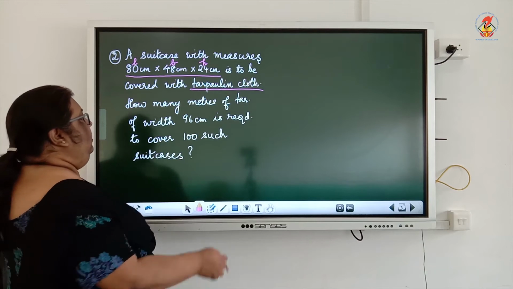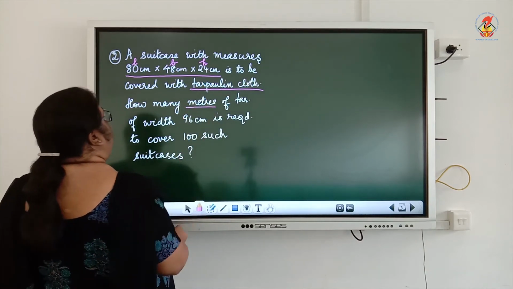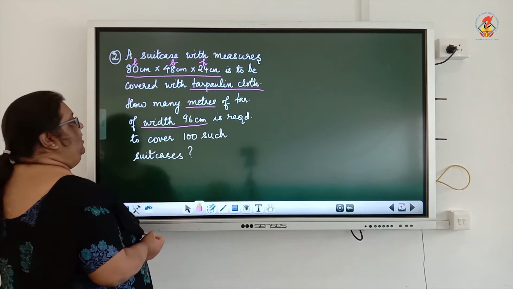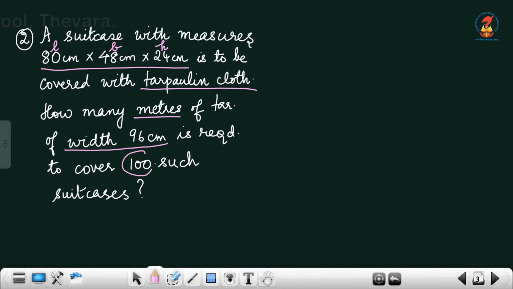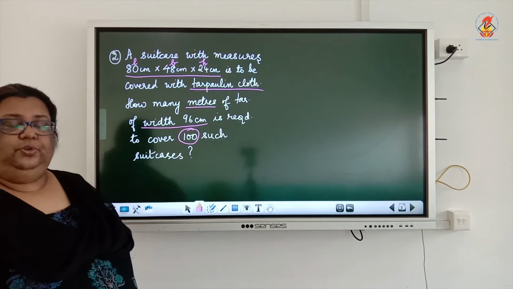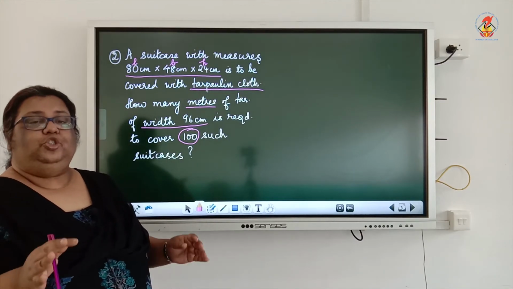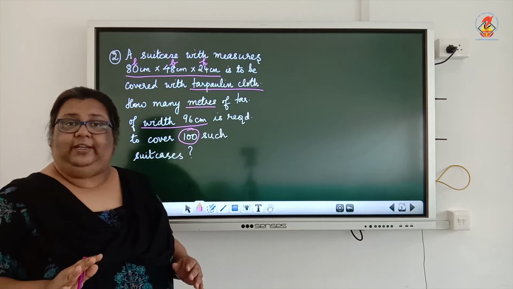How many meters of tarpaulin of width 96 centimeter is required to cover 100 such suitcases? There are 100 suitcases and all these 100 suitcases are to be covered with a tarpaulin cloth.